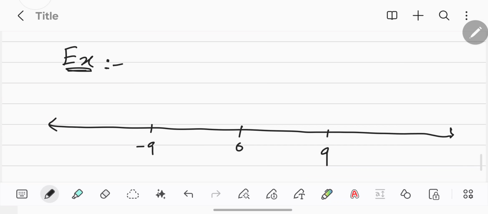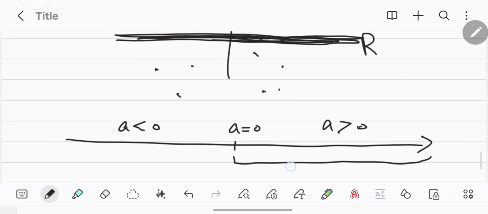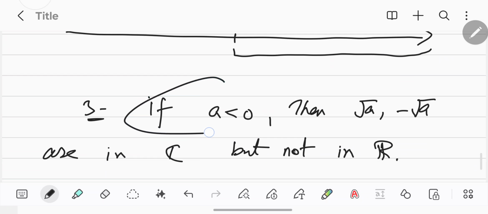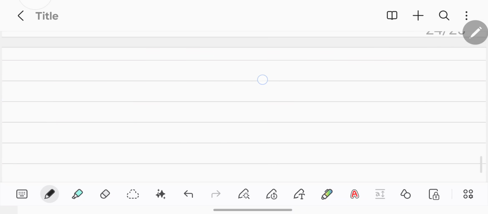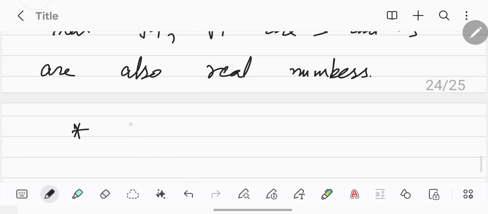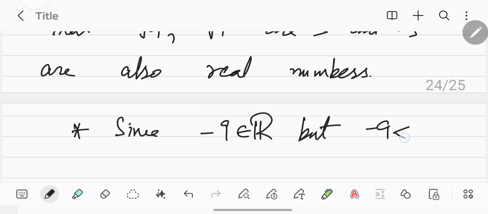But now if I take this number, which is negative, and go to the third case, what is the square root of negative 9? Since negative 9 belongs to R, but negative 9 is less than 0, we will fall in the third category.